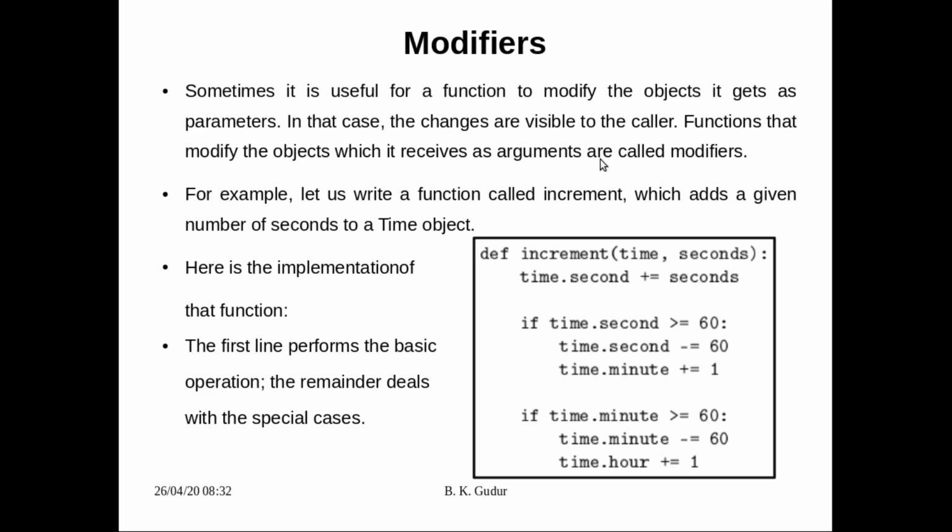The name itself indicates that these functions are going to modify the objects they get as arguments. For example, let us write a function called increment which adds a given number of seconds to a time object. Let us consider a function increment: it is going to add the number of seconds to a given time object.